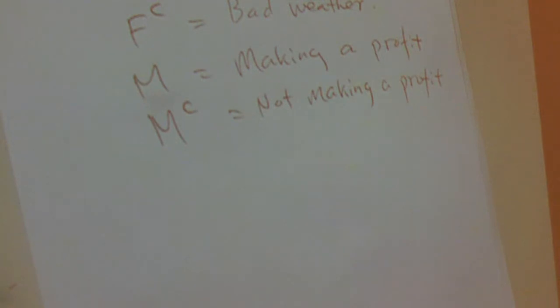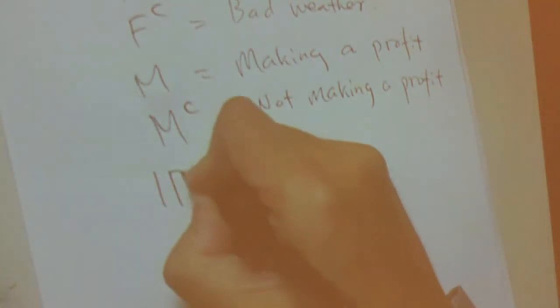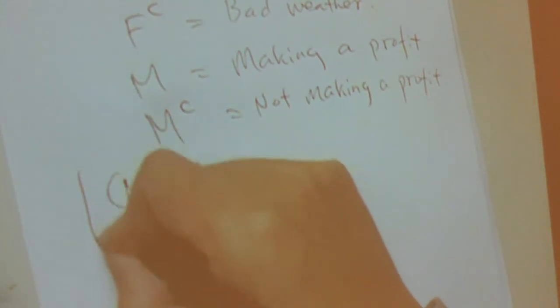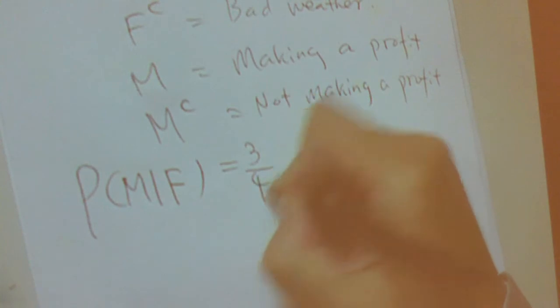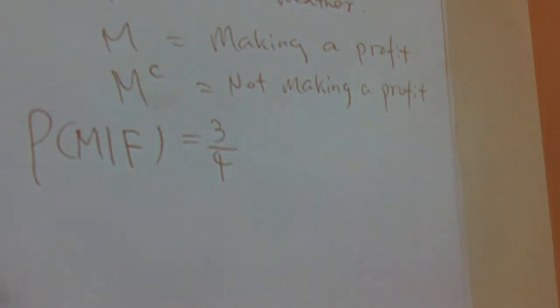The 3/4 chance, 3/4 of weekends, we make a profit if the weather is good. So that means this. Do you agree? Given weather is good, given F, the probability of M is equal to 3/4.